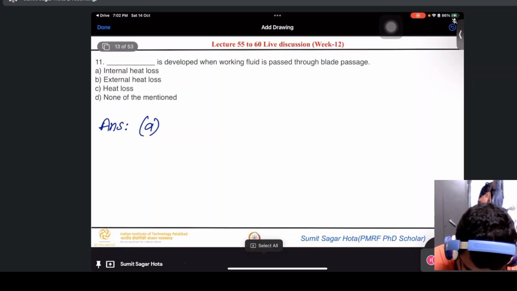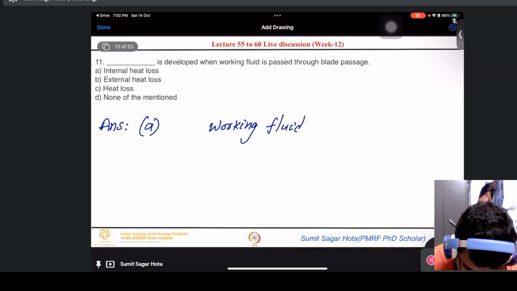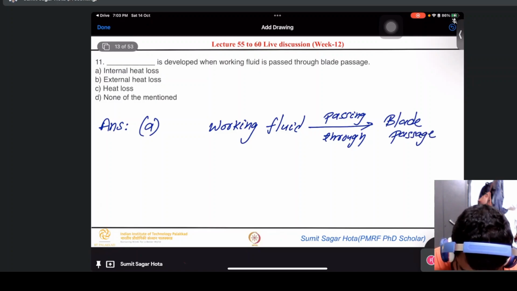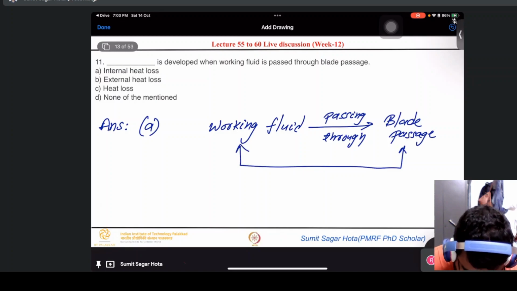When the working fluid passes through the blade passages, friction develops.